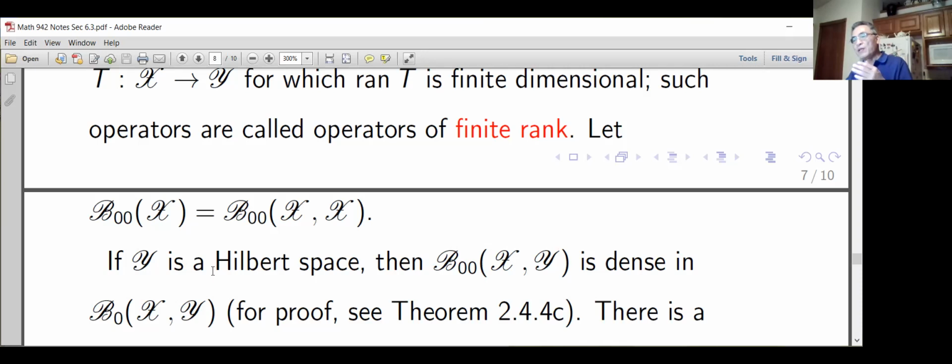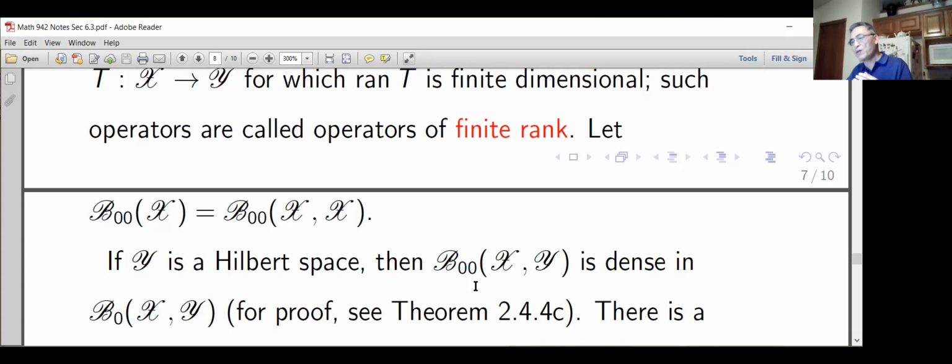If Y is a Hilbert space and this operator is compact, then we can show that the closure of the range is a separable Hilbert space.